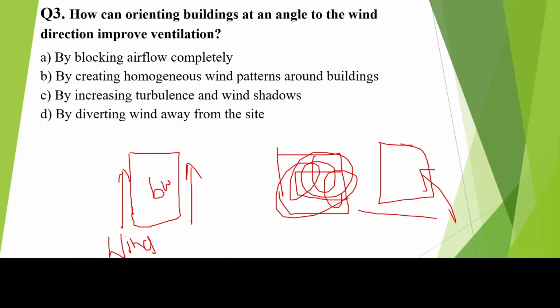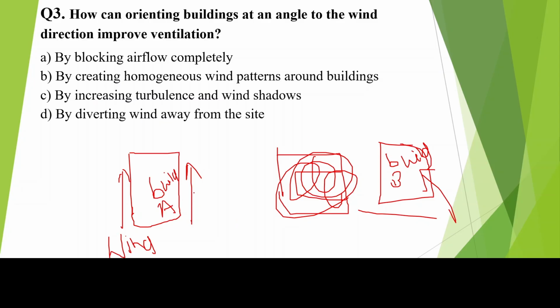So this is your building A, this is your building B, and it is having some angle. So let's see how many of you can answer this question, question number 3, how it will be helping you.